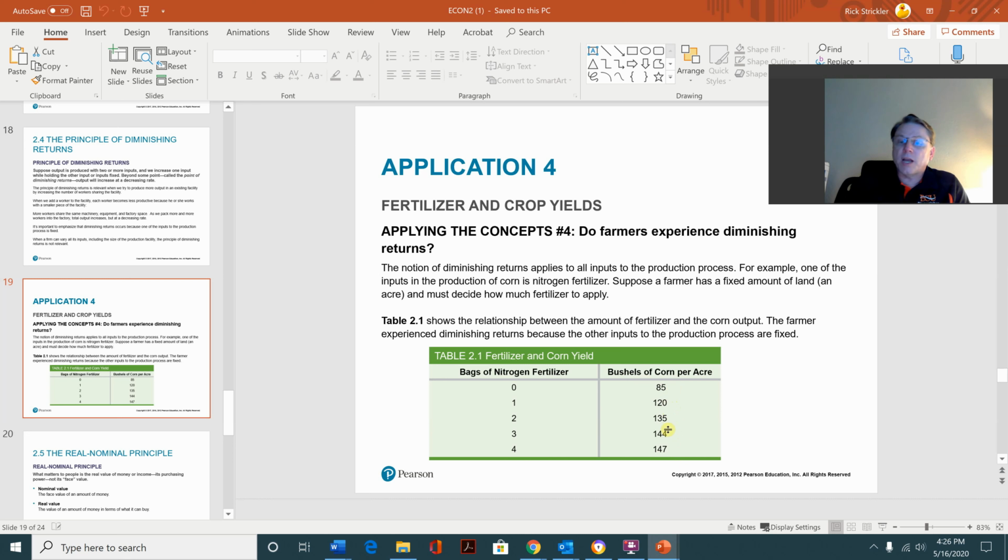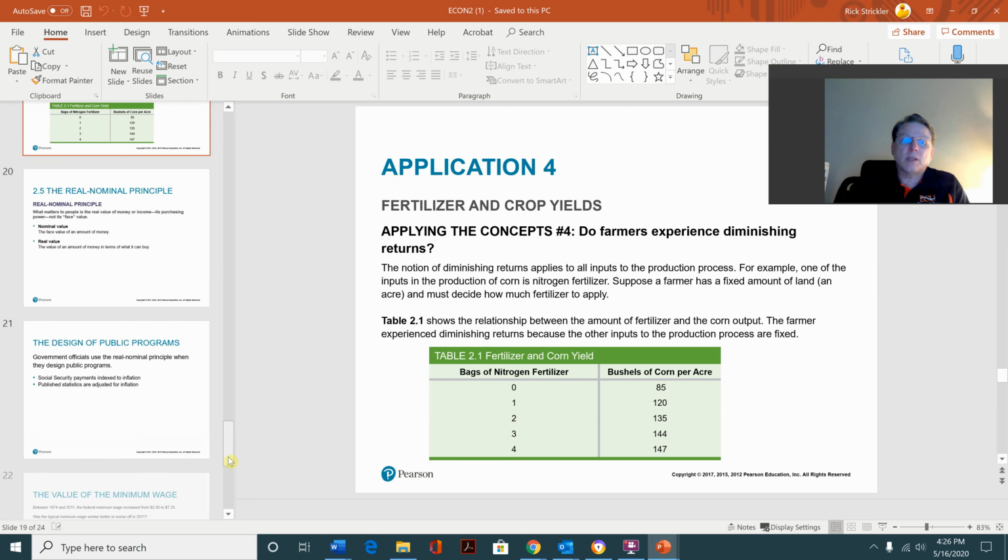And then the next one's only 9 bushels, which is far less than 10%. And then the last one's only 3 bushels. So you have huge diminishing returns when adding more fertilizer past the first bag or maybe the first 2 bags. But the second bag would be the last one I would do, because the amount that you get is far, far less.